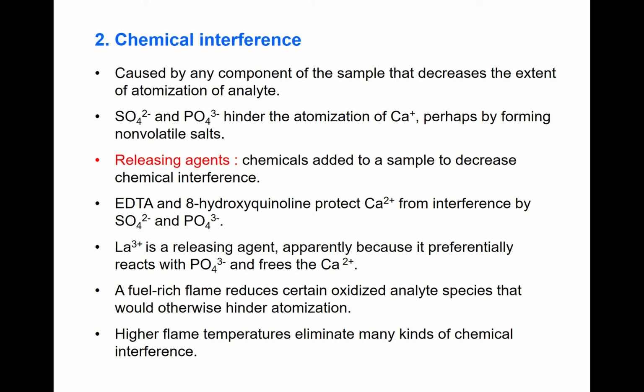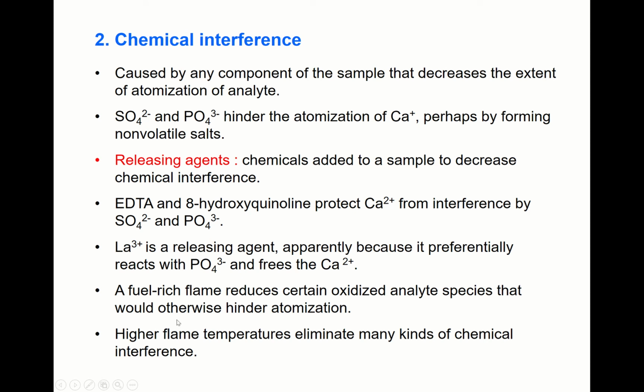A fuel-rich flame reduces certain oxidized analyte species that would otherwise hinder atomization. So if you use a fuel-rich flame, it reduces the amount of oxidized analyte species. In the presence of oxidized analyte species, atomization may be hindered.